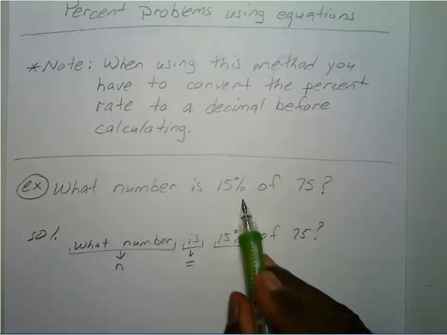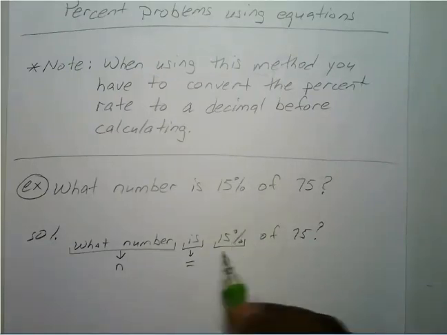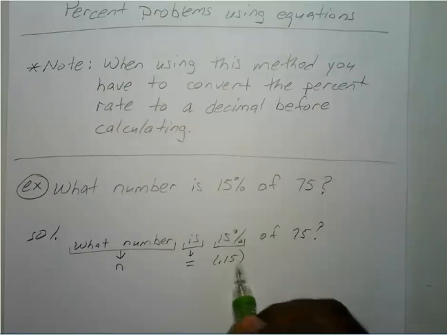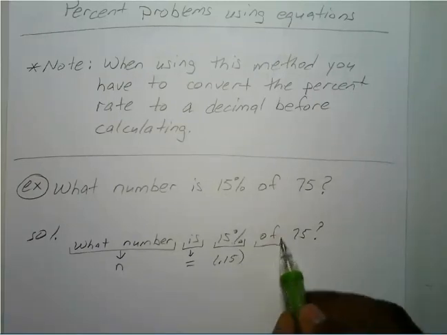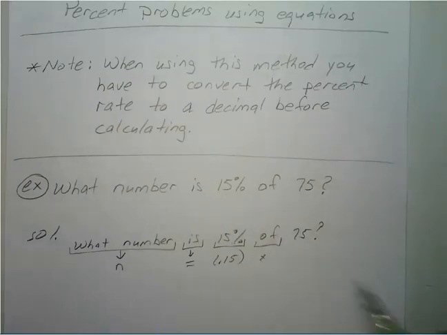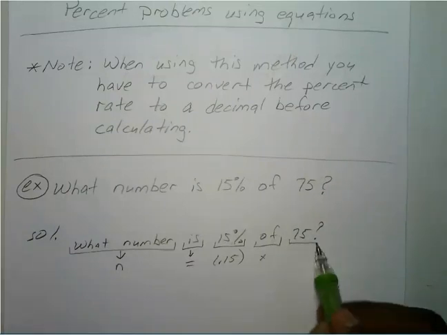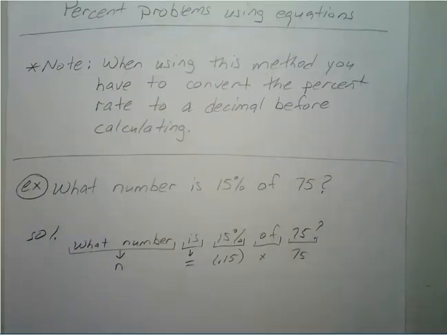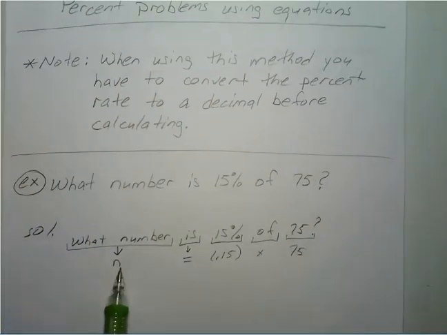Remember, when using this method, you have to convert the percent to a decimal. So 15% is 0.15 of, remember, that's multiplication. So we're going to put a little multiplication sign. And 75 is just 75. That doesn't change to anything. So this gives us n equals 0.15 times 75.